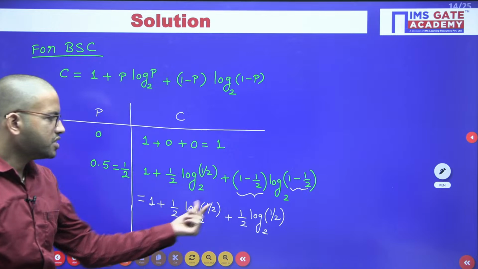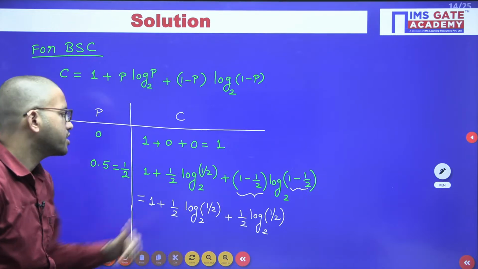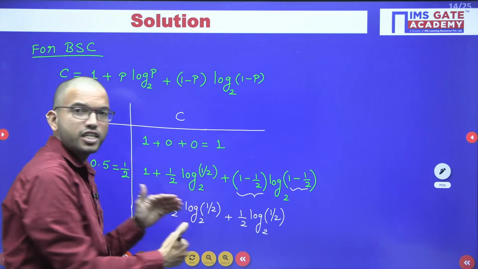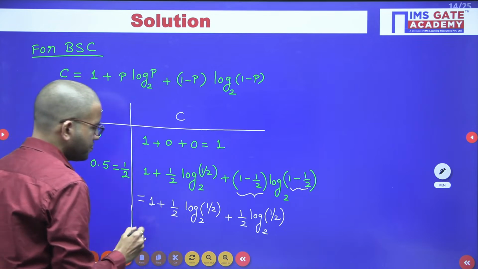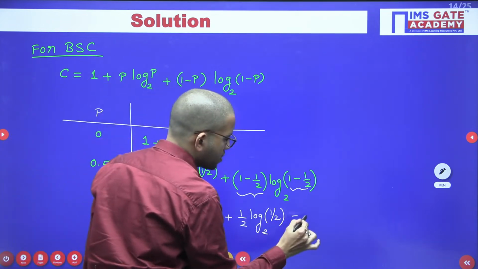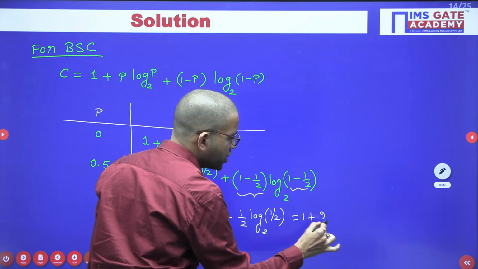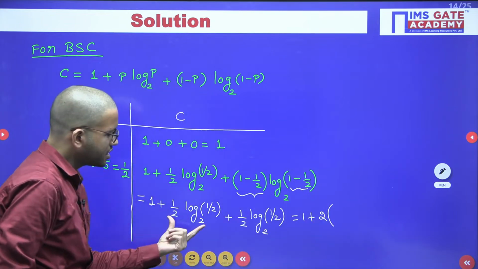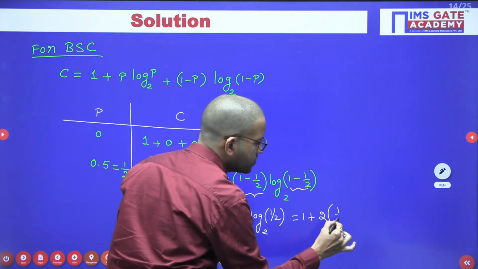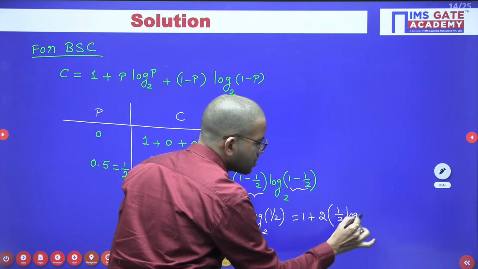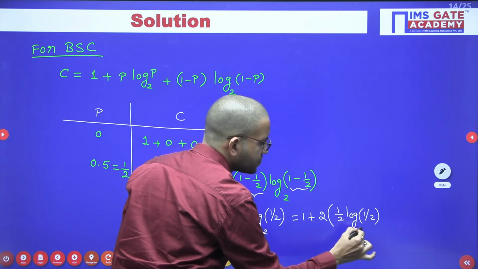So both these terms are the same, right? So you can consider this term and multiply with 2. From here you will get 2 times 1 by 2 log 1 by 2 base 2.